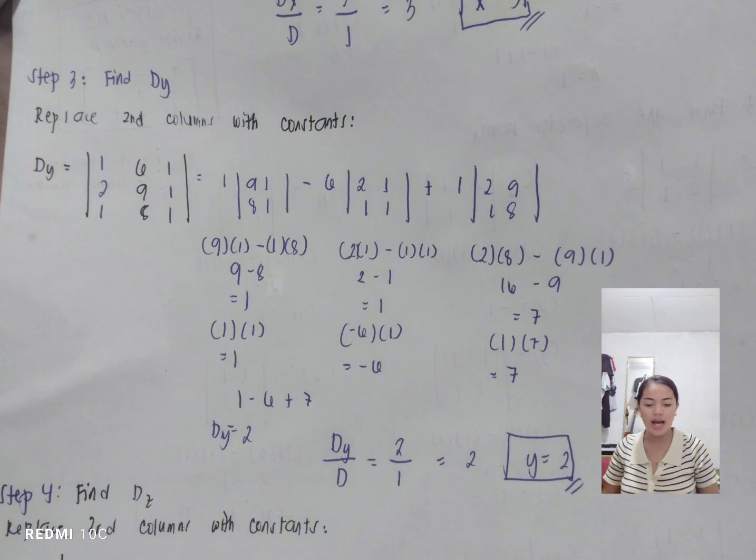So we have 1, 6, 1, 2, 9, 1, and 1, 8, 1. The same process goes to these items. So you just need to cross multiply, and after getting the product, you need to multiply it to the outside number. So in this part, our dy is equal to 2. So dy divided by d is equal to 2 divided by 1, and our answer is 2. Now, our y is equal to 2.